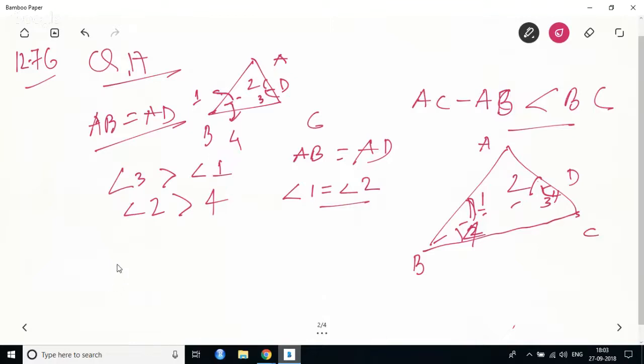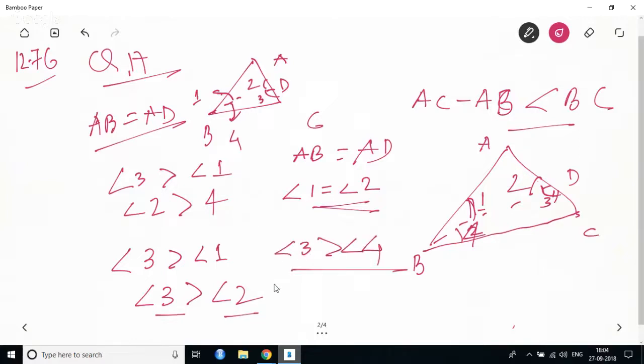So I can write from there that if angle 3 is greater than angle 1, angle 3 would also be greater than angle 2 because 1 and 2 are equal. Now, if angle 3 is greater than angle 2, angle 3 will automatically become greater than angle 4. So if angle 3 is greater than angle 4, in that scenario, what happens?